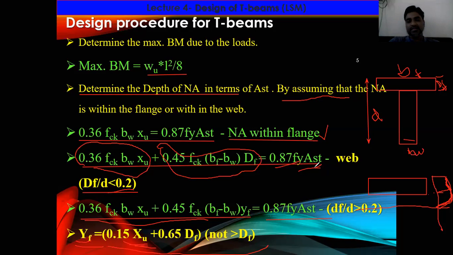We have A of st unknown and xu is also unknown, right? So that is why first we determine A of st, right? According to your assumption, and the corresponding bending moment equation should be used to determine the area of tension reinforcement, right?